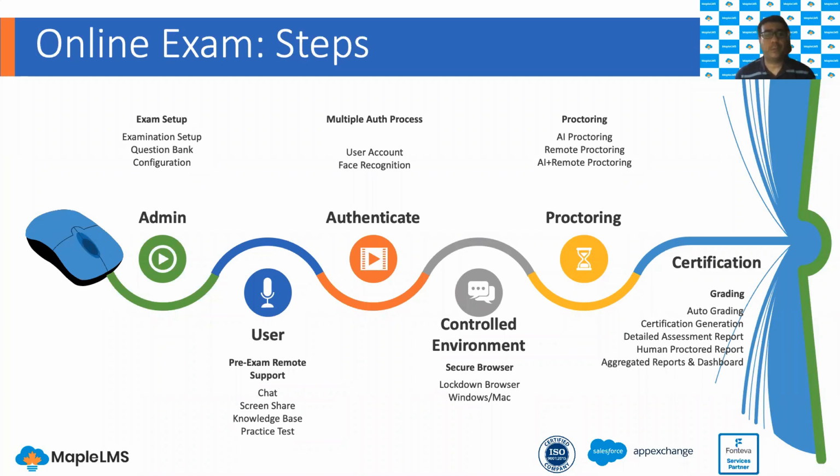Irrespective of whether you authenticate or you control, there should be an ability in the platform to proctor or invigilate an exam or an assessment. And once that is done, whatever the outcome, whether it's a grade or a certificate, that goal should be achieved. So these are some of the steps which have to be ensured while conducting an online exam.